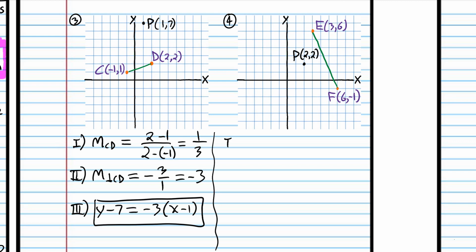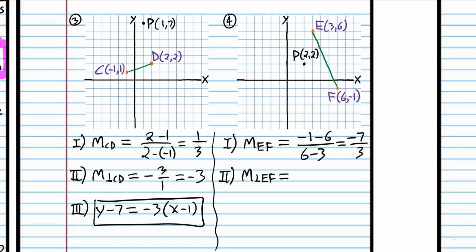All right, we're back. Step 1, we're going to find the slope of EF. Using F as point 2, we have negative 1 minus 6 over 6 minus 3. And then we get negative 7 over 3. Now we have to find the slope of the line that is perpendicular to EF.